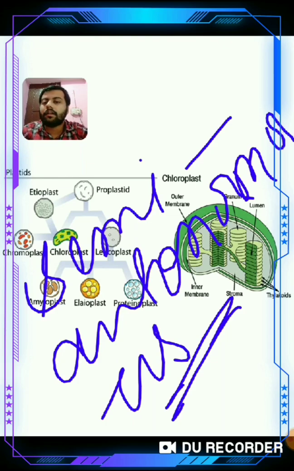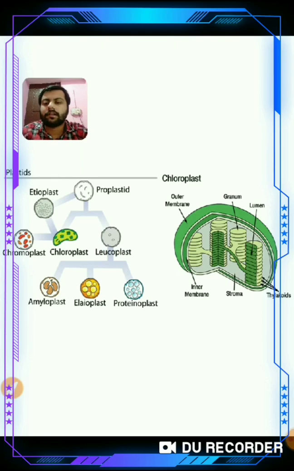Other than this, both mitochondria and plastid contain ribosomes. In mitochondria the ribosome is known as mitoribosome, and in plastid it is known as ribosome only, which helps in the formation of some of the structural proteins of both organelles. That's why they are known as semi autonomous cell organelles.